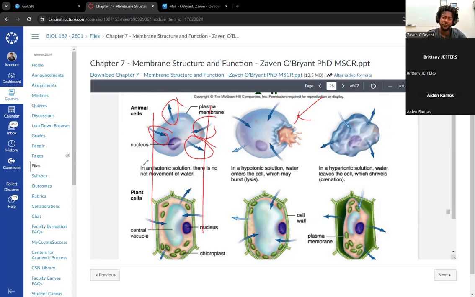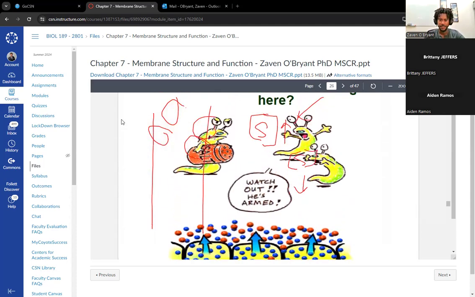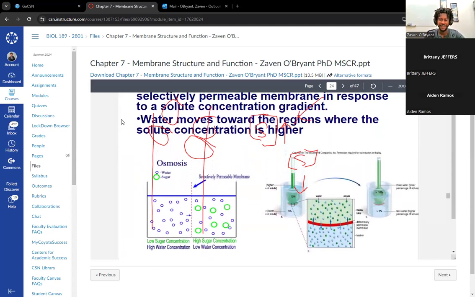And so for the middle picture, this solute is super high, and the solute in the water is super low. And that's why it's hypo, because the solution is low in solutes. And so the water is going to the high solute concentration, and that is this part over here, and the solutes are over here.